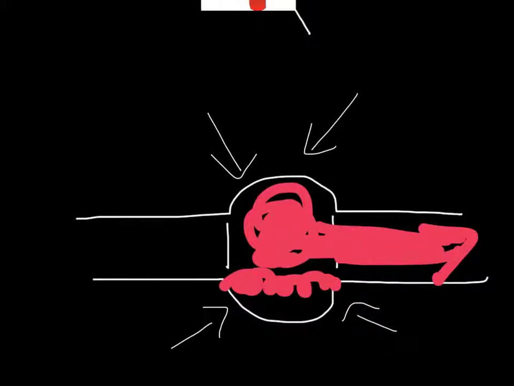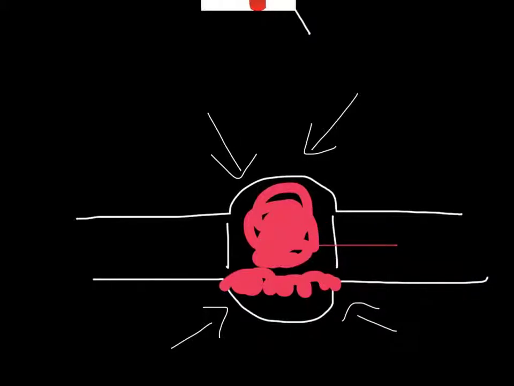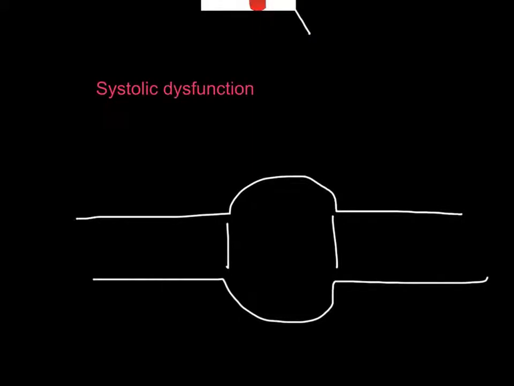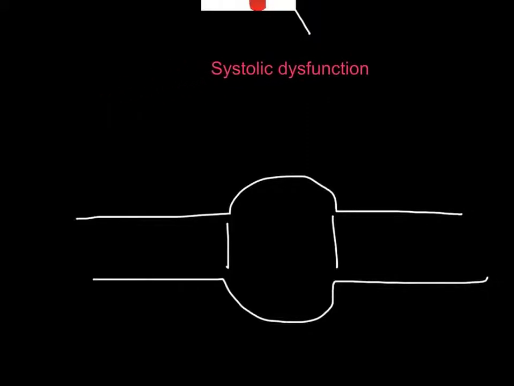So one way in which this can all go wrong is, as we mentioned before, called systolic dysfunction. And in systolic dysfunction, the heart is unable to contract, to squeeze with enough force to push the blood that's in it out into the rest of the body.